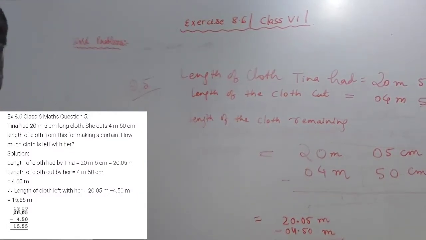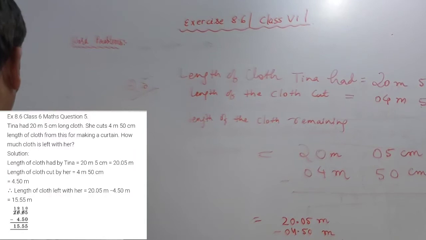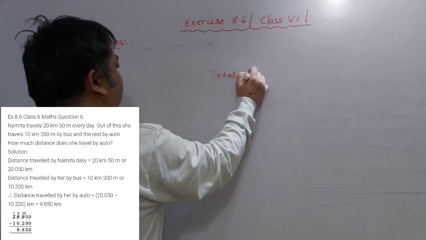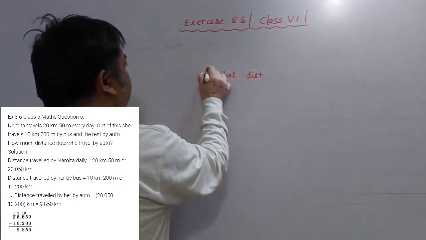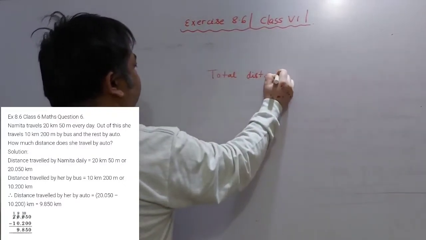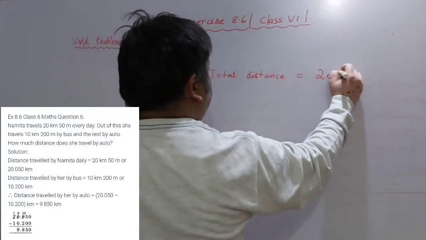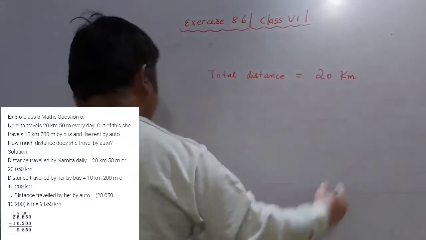How many more questions are left? Question number 6 is left, 7 is left. Okay, 2 more questions are left. Total distance traveled is equal to 20 kilometer and 50 meter.